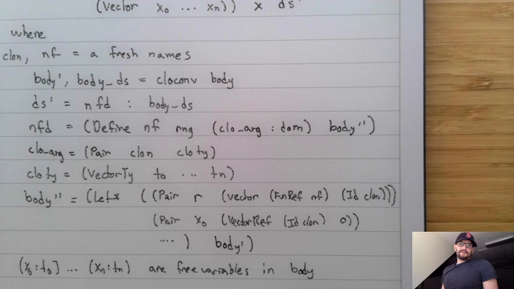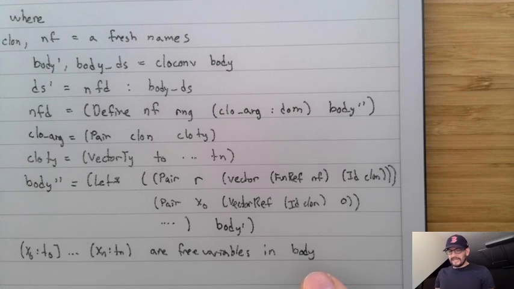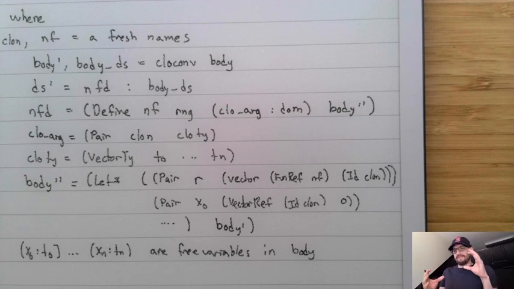What does that mean? A free variable is a variable that is referenced inside of body, but is not bound by any let inside of body, or bound by the domain. So we go compute what those are.